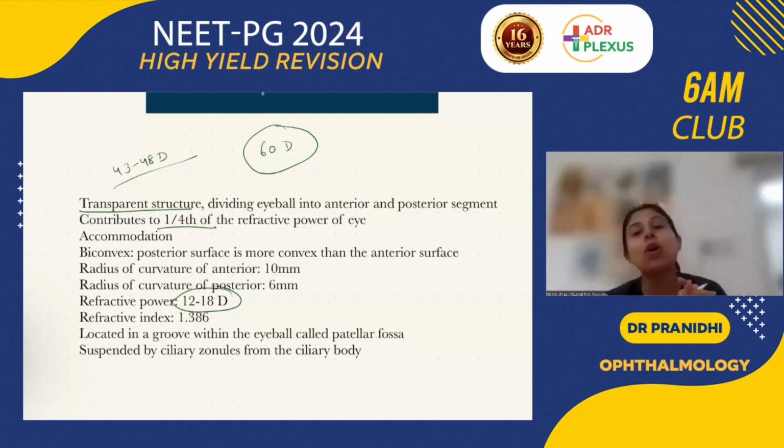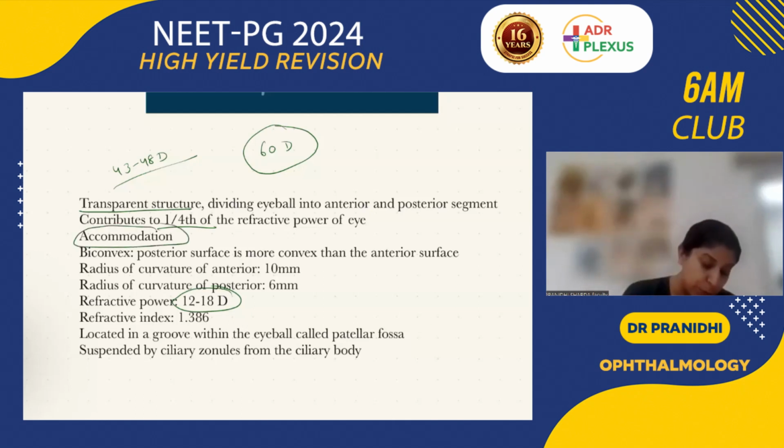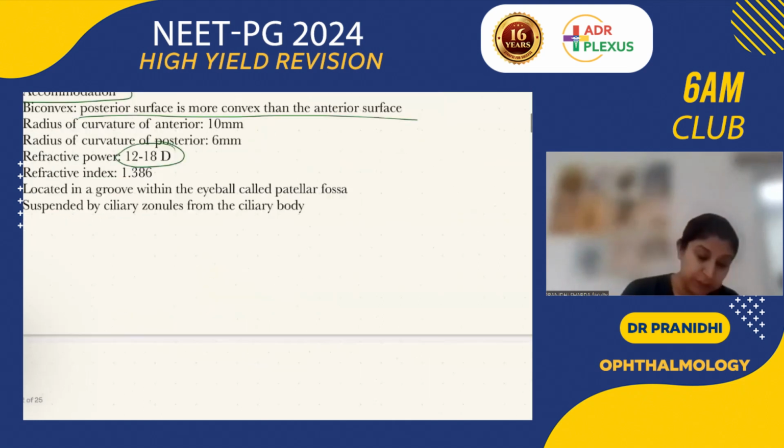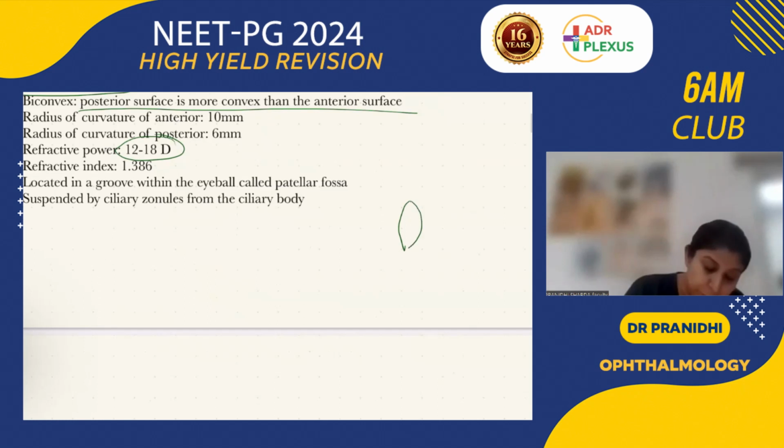It also plays a role in accommodation, which we'll discuss. It is a biconvex structure in which the posterior surface is more convex than the anterior surface. So this is the cut section of my lens.